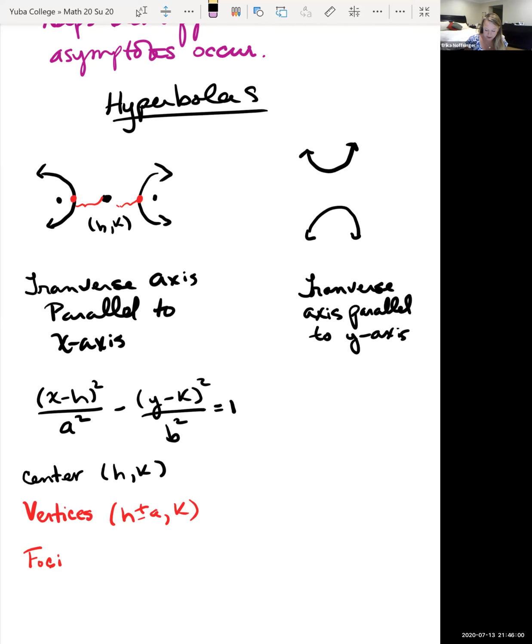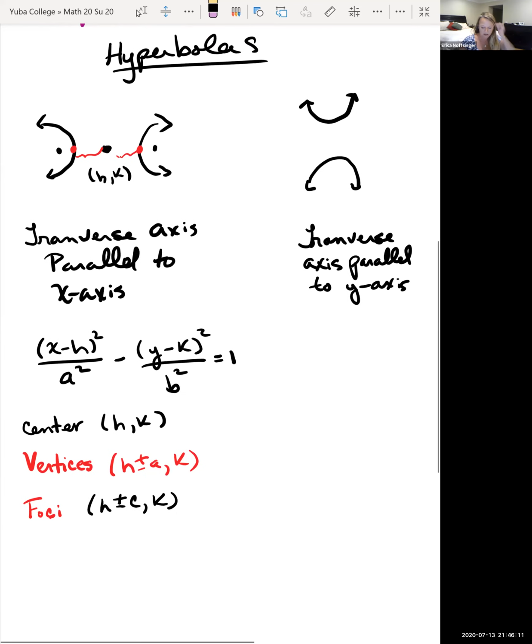And so our foci would be h plus or minus c. Our y value is staying the same there, k. We want to go up and down. These aren't points I usually find, but we want to go up and down b from our center.